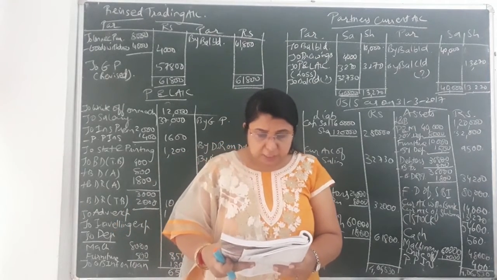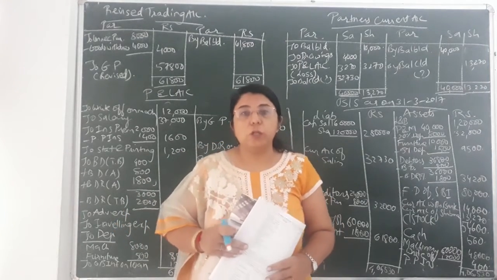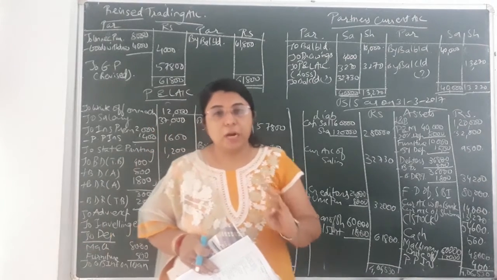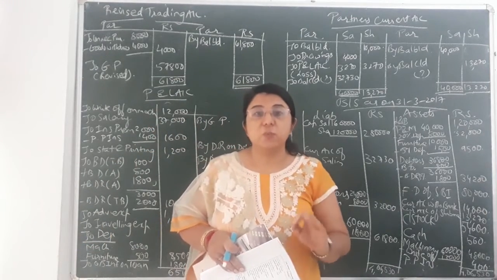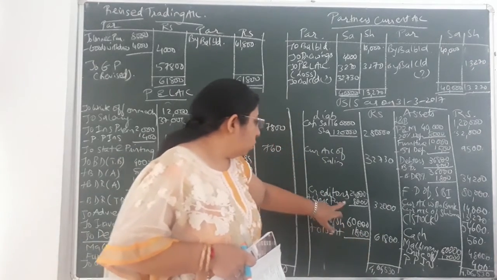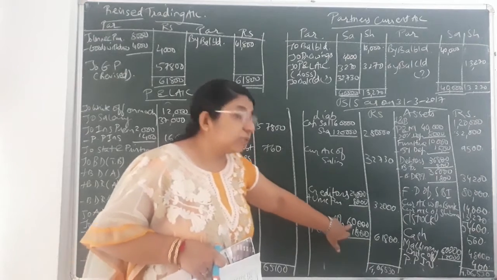Over here you can see the date has been given from 1st October 2016. It means October, November, December, January, February and March. 6 months interest at 6% rate of interest that you have to count on the loan of rupees 60,000.